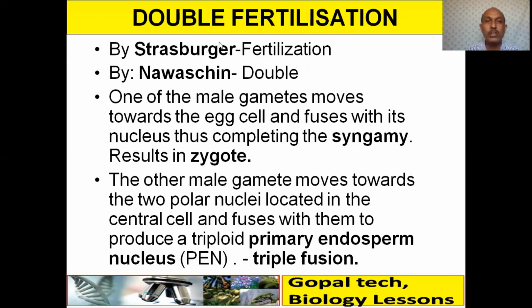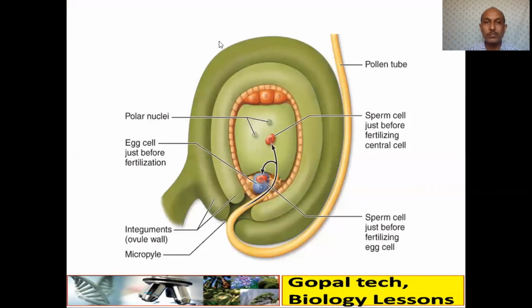So therefore it is called double fertilization. Here you can see, the pollen tube germinates and carries the male gametes. One male gamete fuses with the egg cell, resulting in formation of zygote, and another male gamete moves towards the two polar nuclei, resulting in formation of PEN.